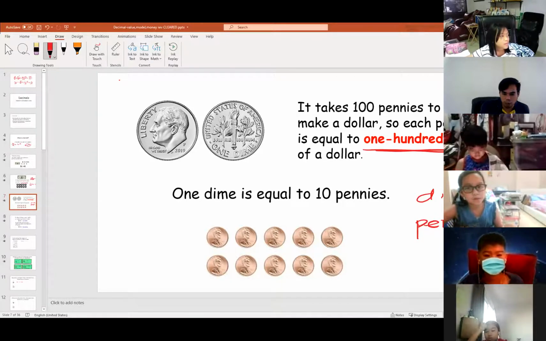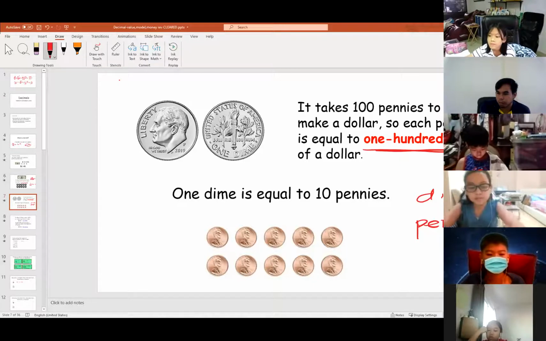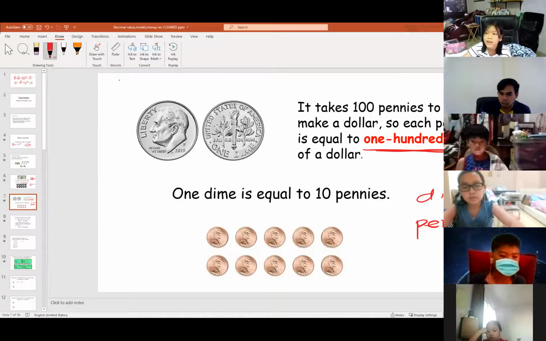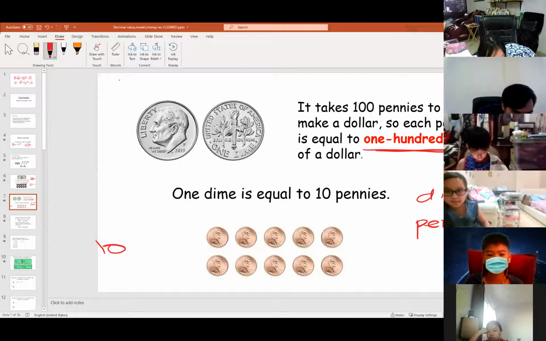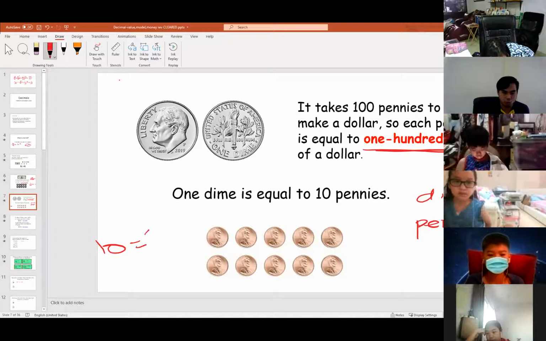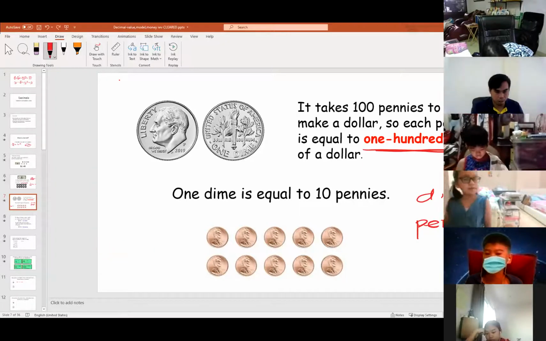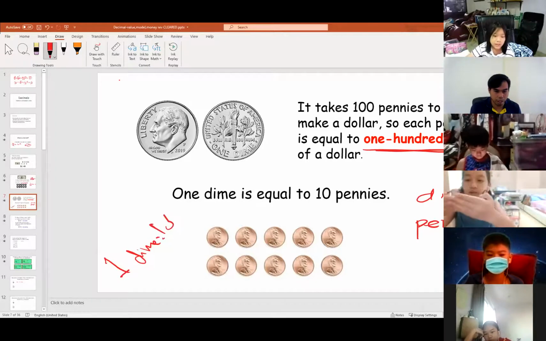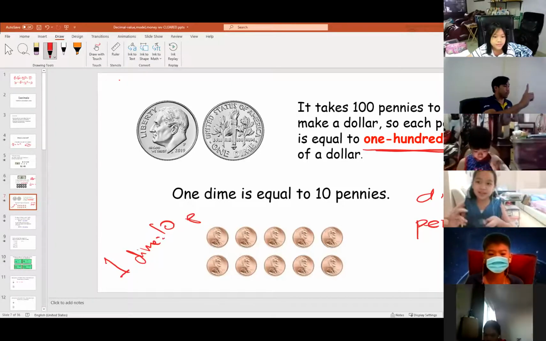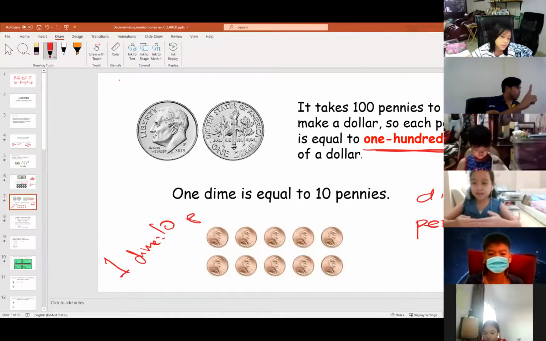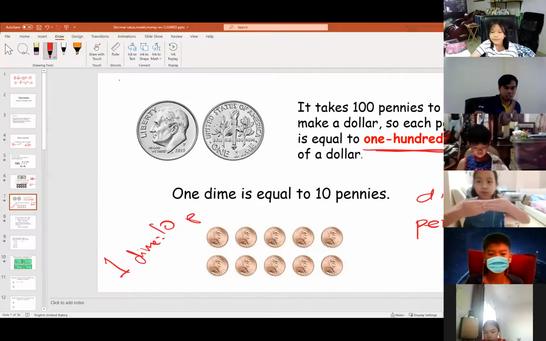So we know that 1 dime is equal to 10 pennies. One dime is 10 pennies, while for pennies it's only 1.